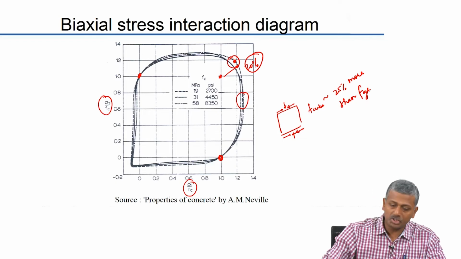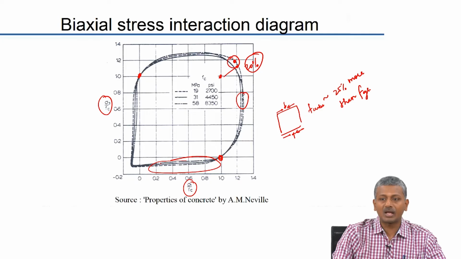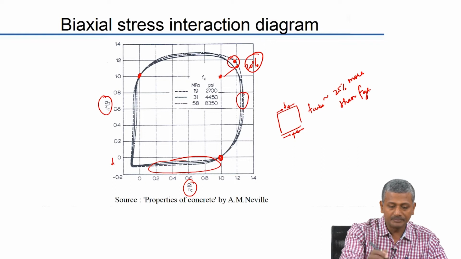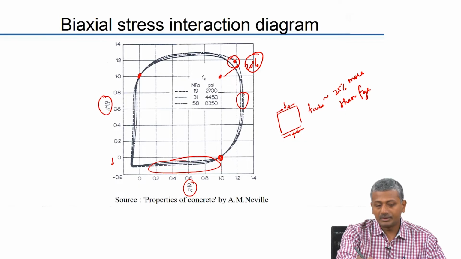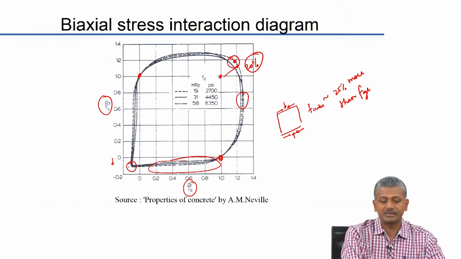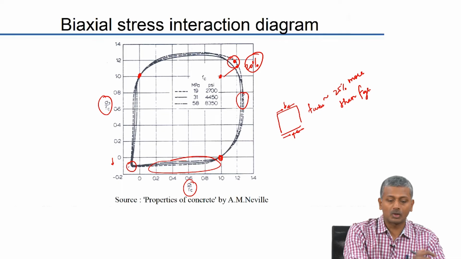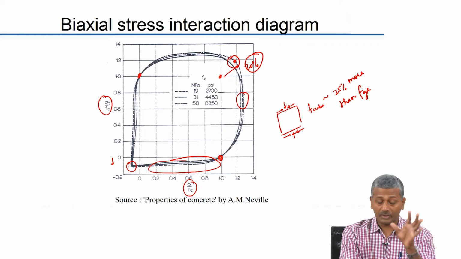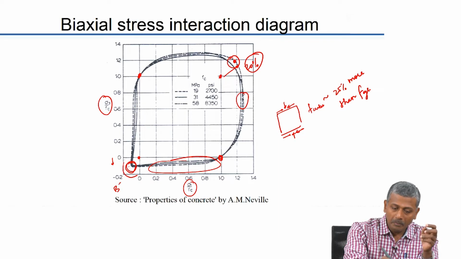Now, what happens when there is tension? This branch of the curve indicates what happens when there is compression plus tension. If there is even a little bit of tension, you are reducing your strength by a factor of about 10%. Here, when you have tension along one face and tension along the other face, you have a biaxial tension case. Here this is 0, 0. So, this quadrant represents biaxial tension.